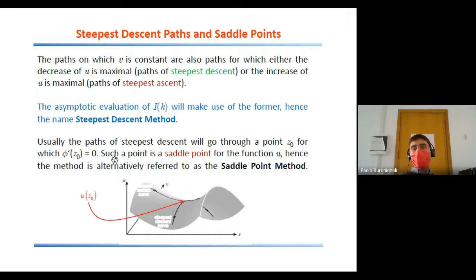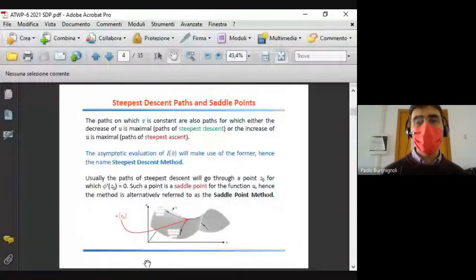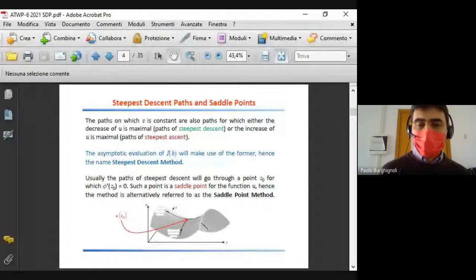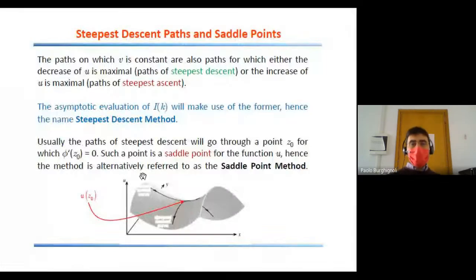Now we will see in a moment that a stationary point of the real part u is neither a maximum nor a minimum, but rather it is a saddle point. So the method is also known as the saddle point method.